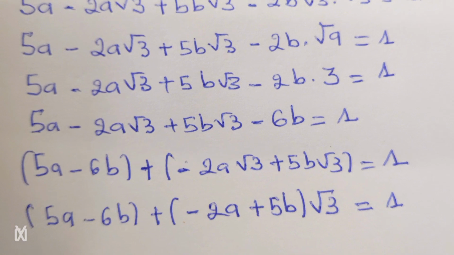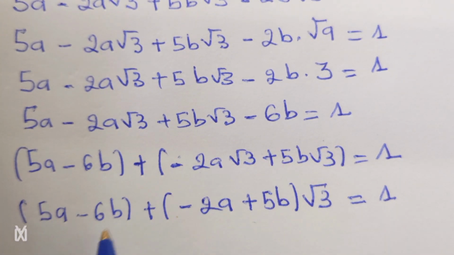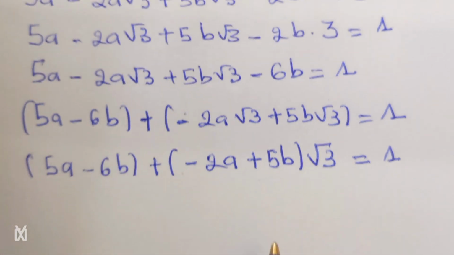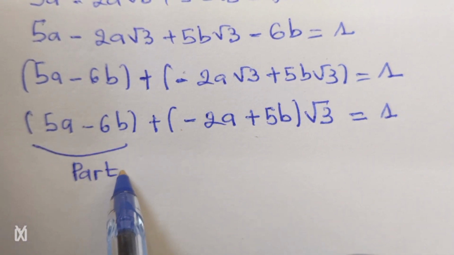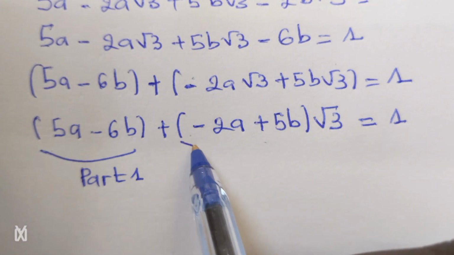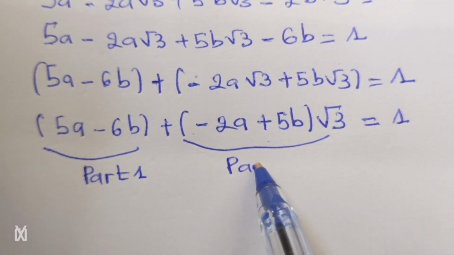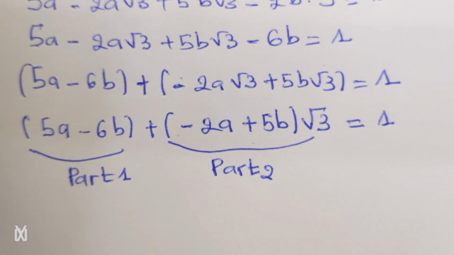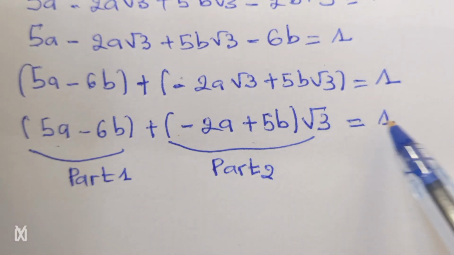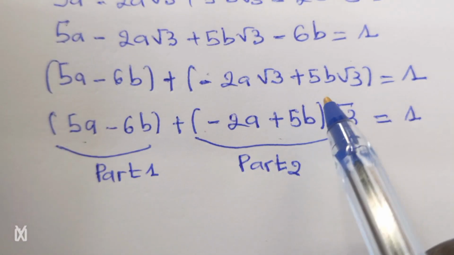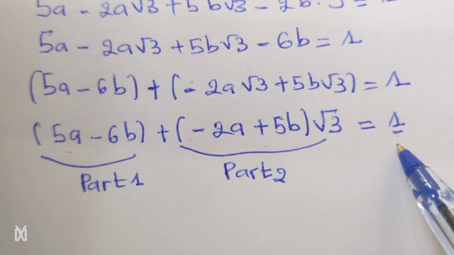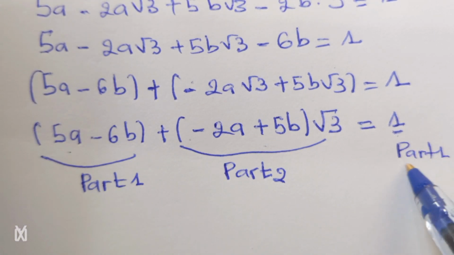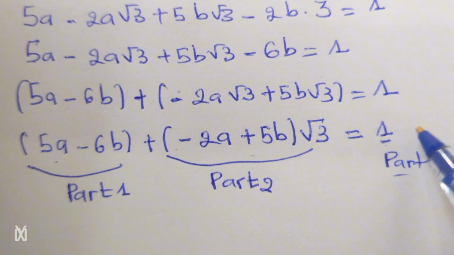Here to know that this number we have two parts. Say that this is part 1, and this one we have part 2. It means that the number we are going to equate to must show these two parts, part 1 as 1, and another part 2.